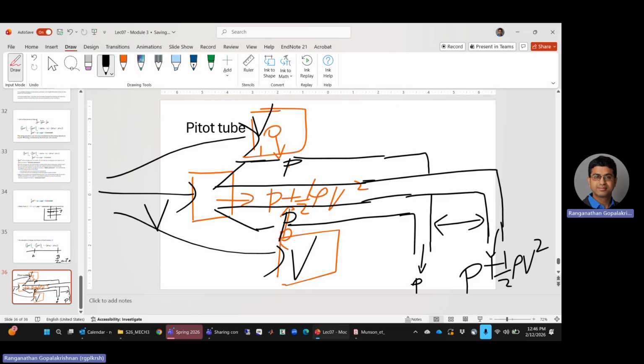The difference between them is the dynamic pressure. So if you can measure that pressure difference, you are essentially measuring the fluid velocity. That's how your indicator is showing so many knots. This is the measurement with a pitot tube, which uses the Bernoulli equation: along the streamline between this point and this point, you apply the Bernoulli equation to derive the half rho V squared. This is one of the most common applications of the Bernoulli equation.